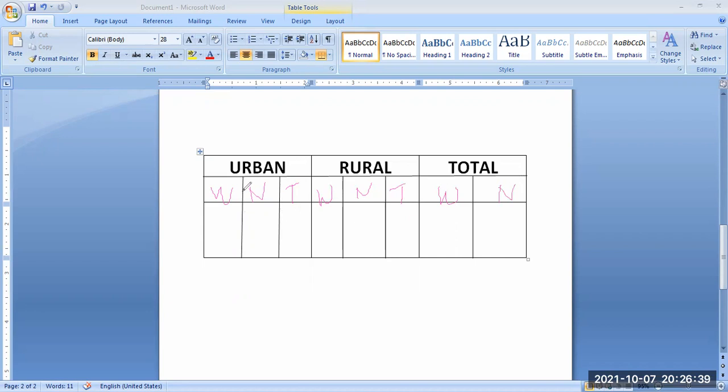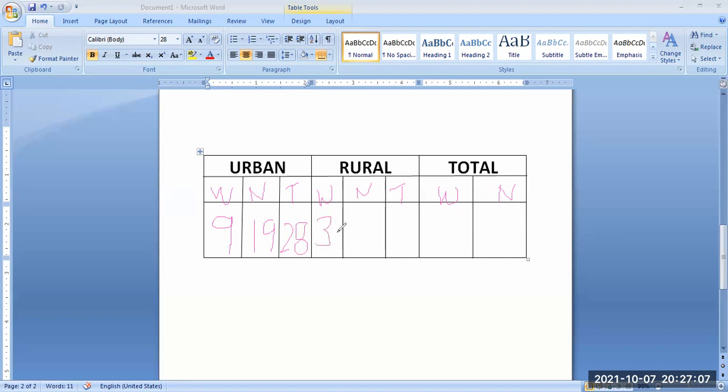Now coming to filling up this table. How many workers are there in urban population? How many crores? 9. Very good. Non-workers, 19. Total 28. Okay, you cross check. Then in rural, how many working? 31.